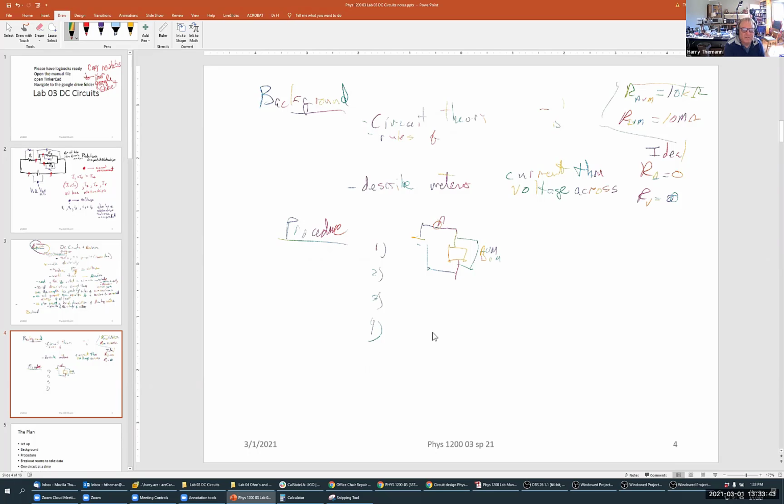We measured the current and the voltage across the three resistors for each one. Here is our table. Or, well, not yet. That comes a little later. Or you could say results in table 1 later on. 2 is the series, and we set up this circuit, and we took these measurements here.